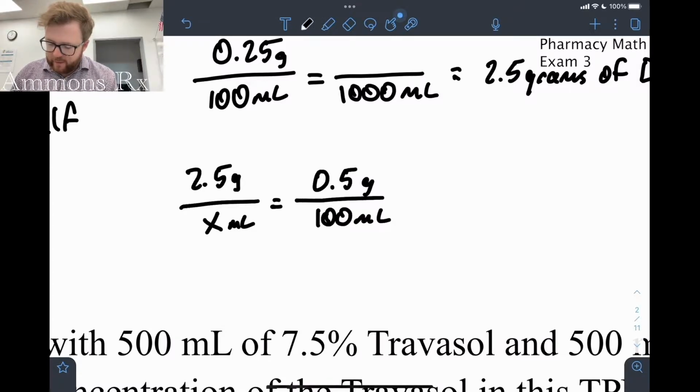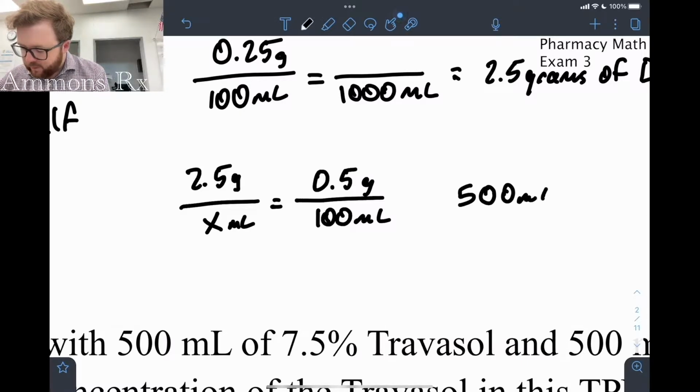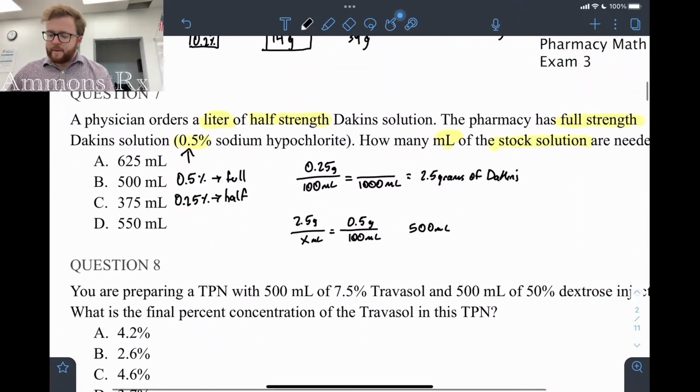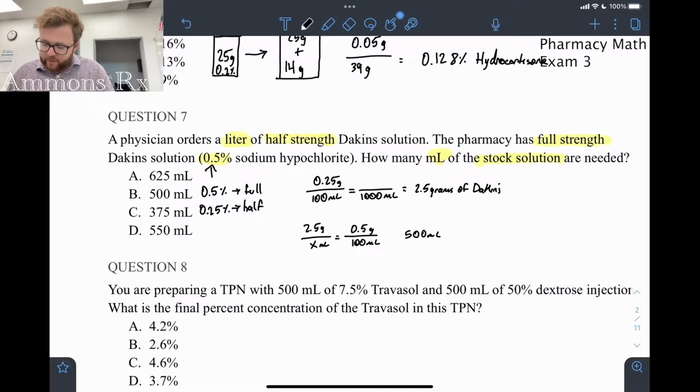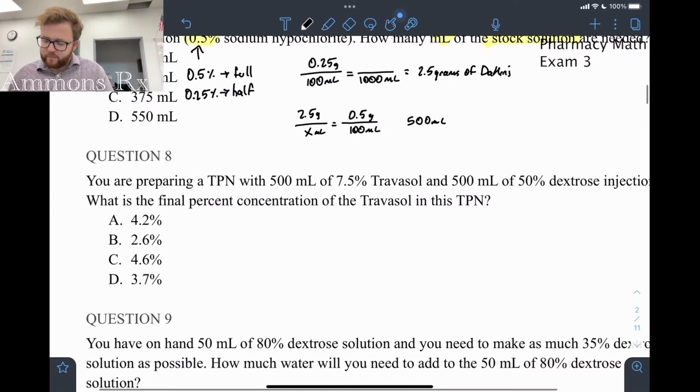So 2.5 times 100 divided by 0.5 is equal to 500 mils. And it makes sense, right? Because if we need a liter of half strength and we are using full strength, then we just need half that amount. But mathematically, I wanted to show you guys that it's 500 mils.